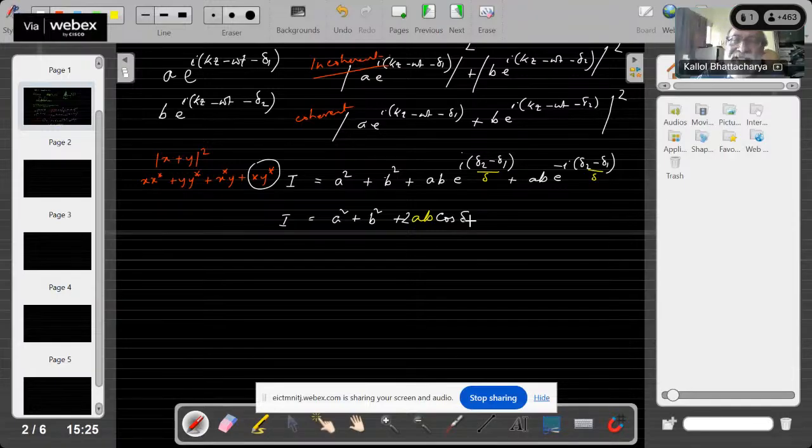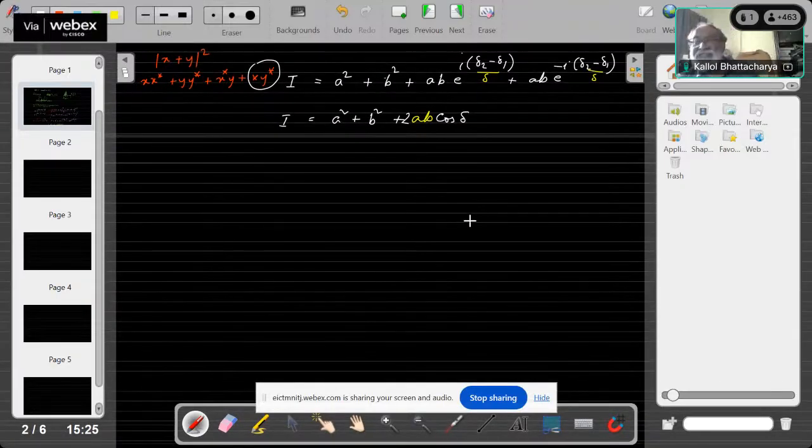Now let us look at some of the implications of this equation. We can simplify this equation in this manner. Remember, A square is the intensity of one beam, B square is the intensity of the other beam. So we can write this as I1 plus I2 plus 2AB, which is root of I1 I2 into cos delta.